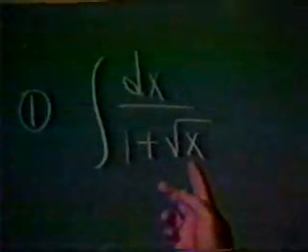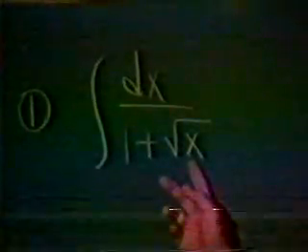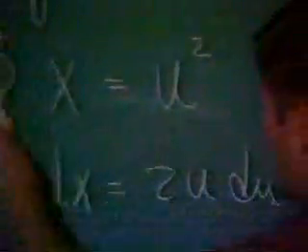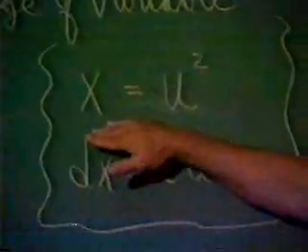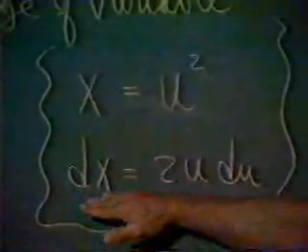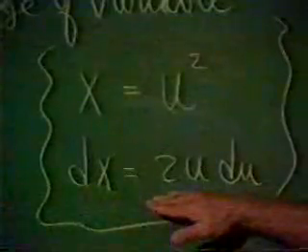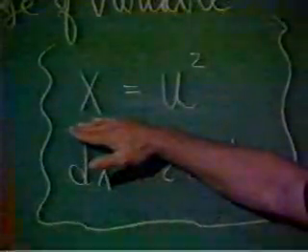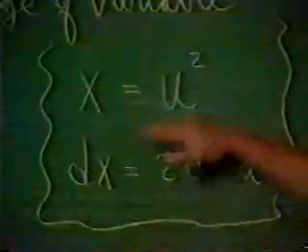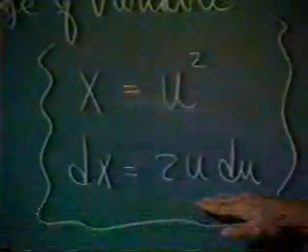So if we replace x right here with u squared, then we must also replace dx. Okay, so in our attempt to replace, we need to look at two things. If we're going to let x be equal to u squared, we must let dx be equal to 2u du. That is, the derivative of x is equal to dx. The derivative of u squared is 2u du.